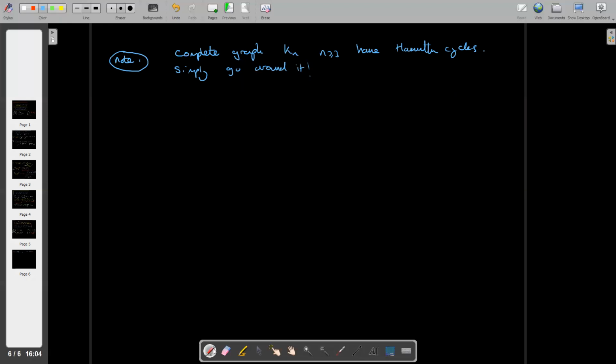So let's just spell that out. Here's a complete graph on 3 vertices. Let me do the same thing for a complete graph on 4 vertices. Every vertex connects to every other one.